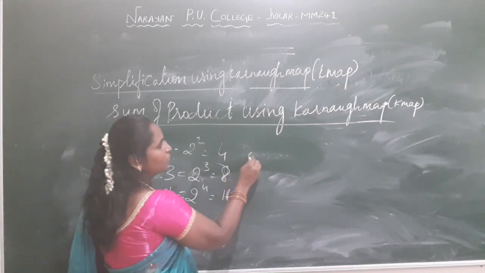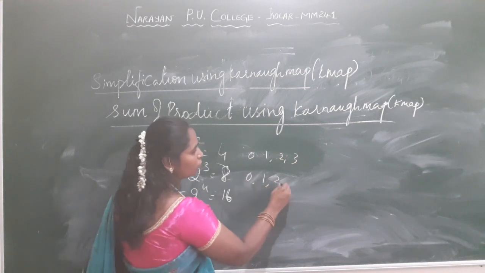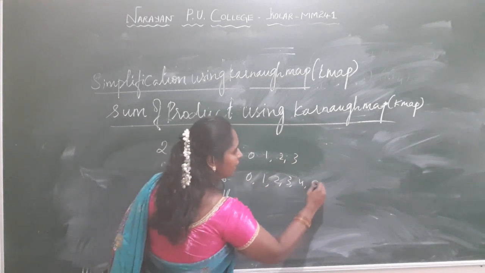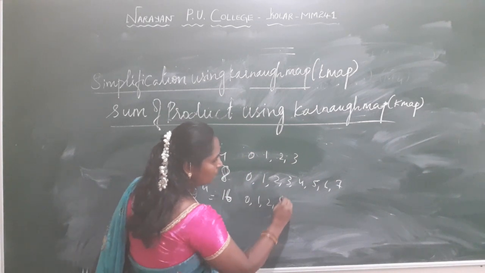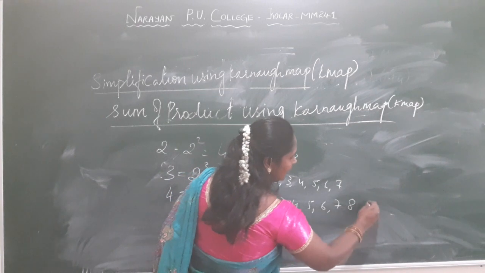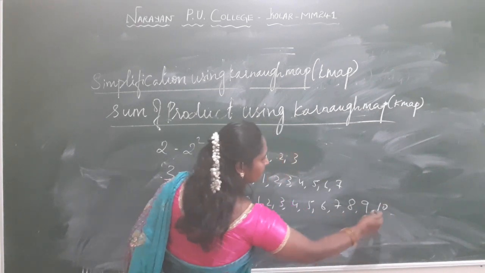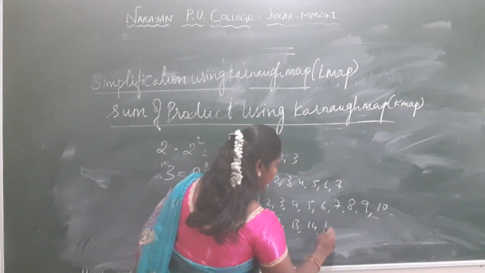It starts from 0, 1, 2, 3. Here 0 to 7. Here 0 to 15.